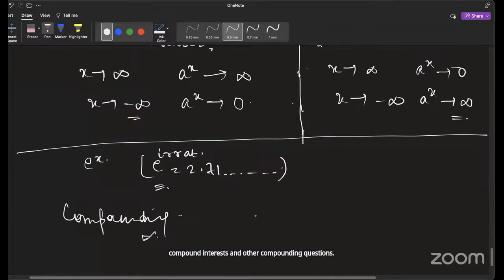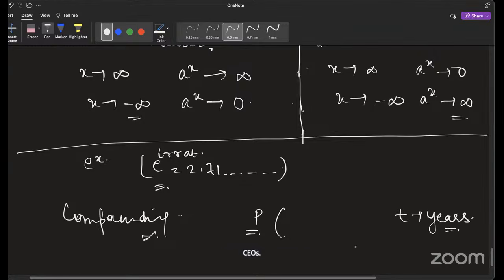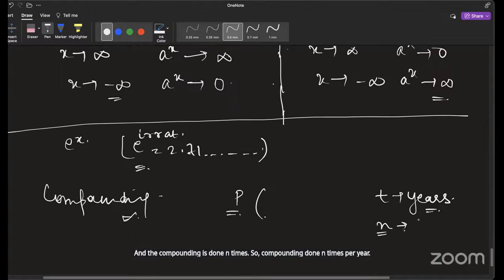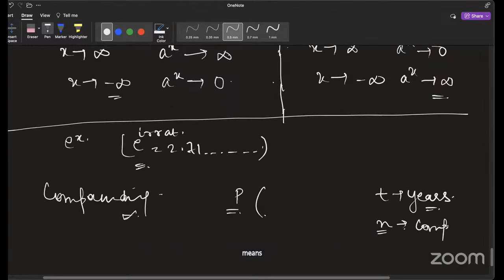So let's say initially your value was P. This is the initial value. And then if you want to check after, let's say, t years, and the compounding is done n times per year.